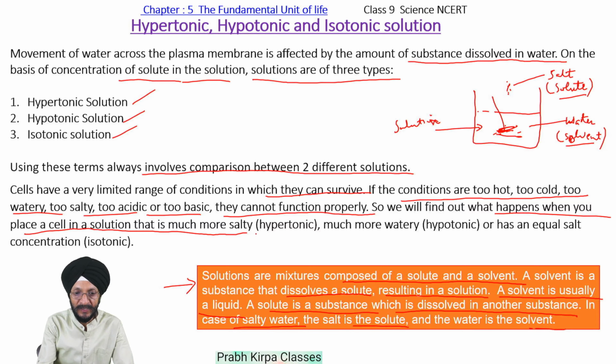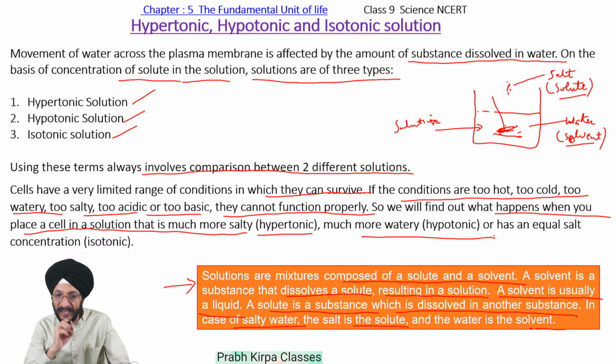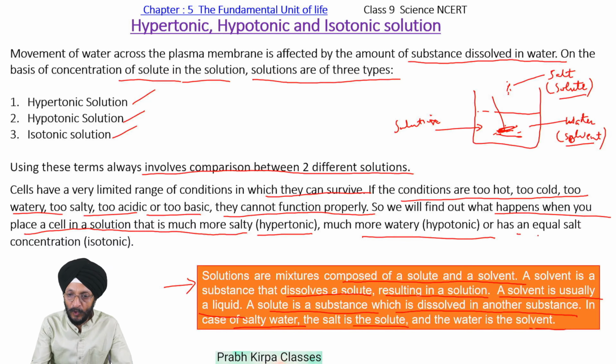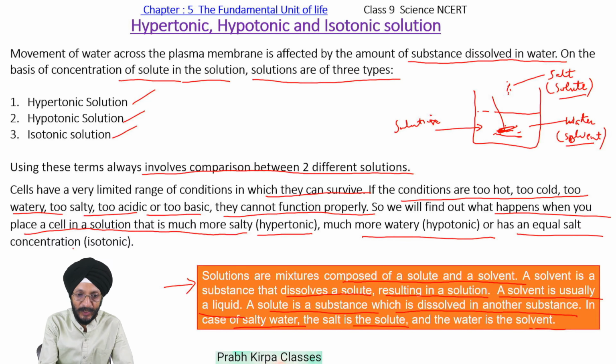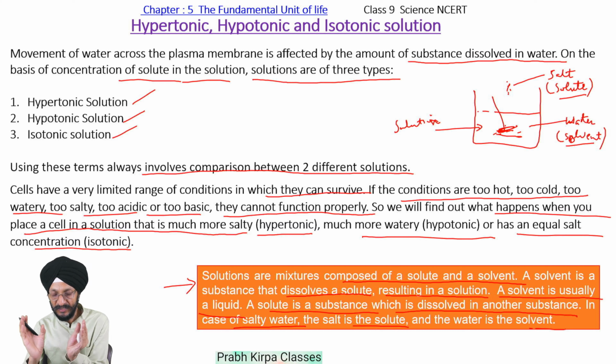It is called hypertonic. Much more watery, that is, solvent is more whereas solute is less, is called hypotonic. Where there is equal salt concentration, that is, two solutions which have equal concentration of solute, they will be called isotonic solutions.